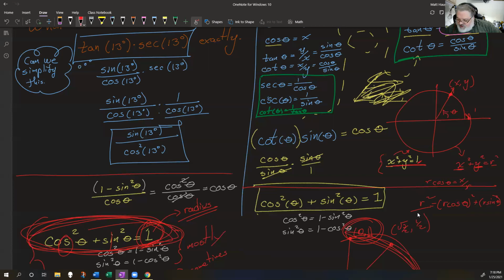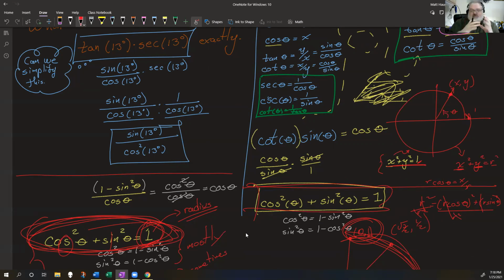But couldn't we then just divide off all those r squareds and end up right back here? And the short answer is yes, we could. So that one is that scaling radius, but because those ratios are the same no matter where you are on that scale, it's always going to ratio down to cosine squared plus sine squared equals 1.